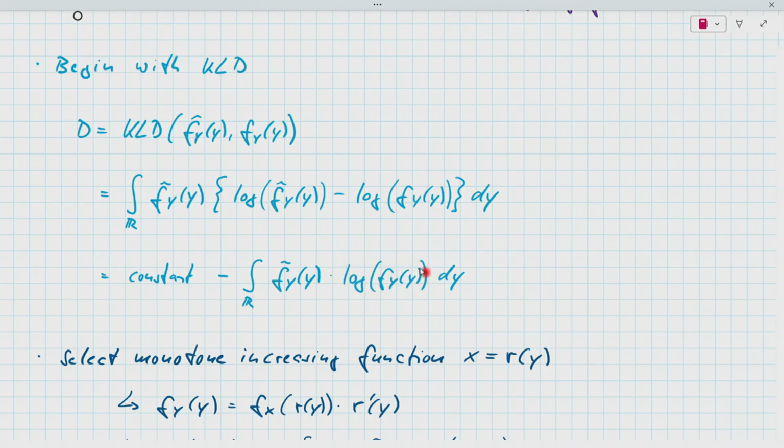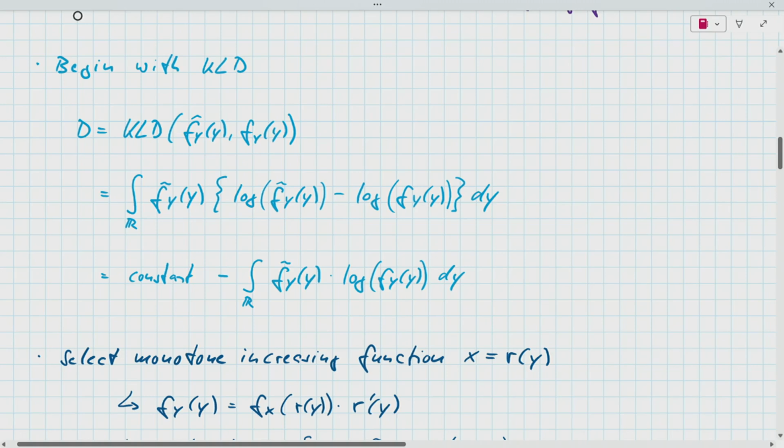And in fact, as we want to minimize D, you can see it as an expectation maximization, because we want to maximize this integral without the minus sign. So find a function f_Y so that this is maximized.